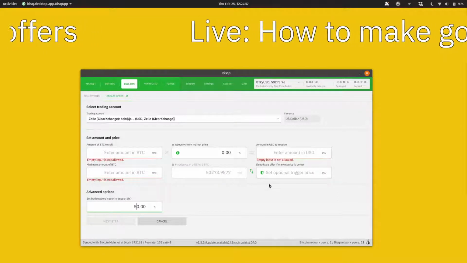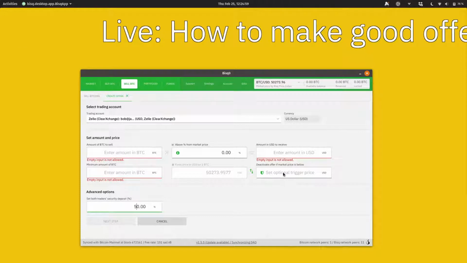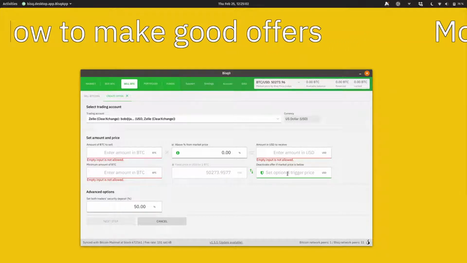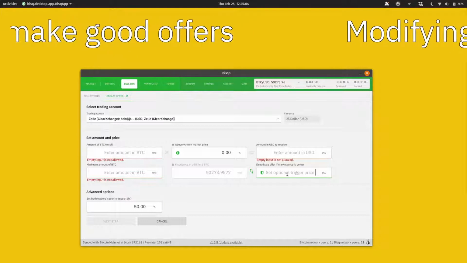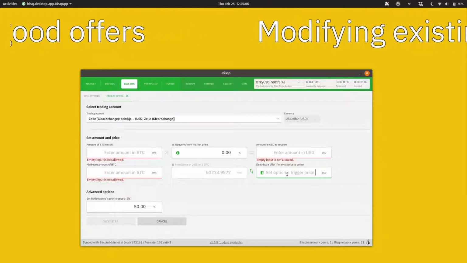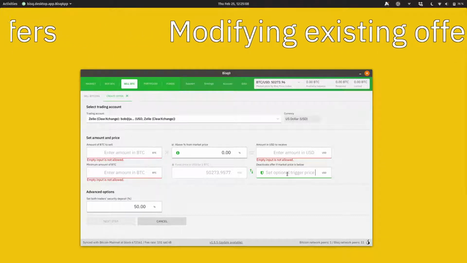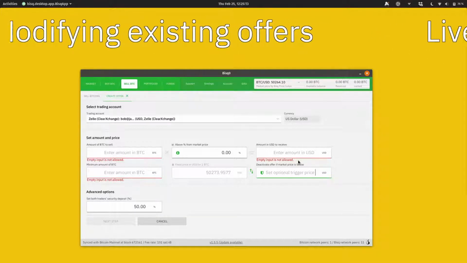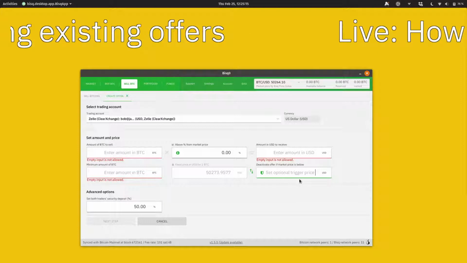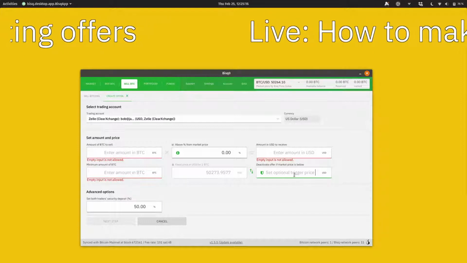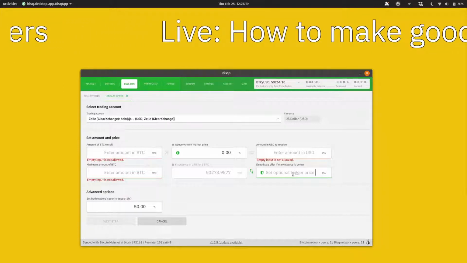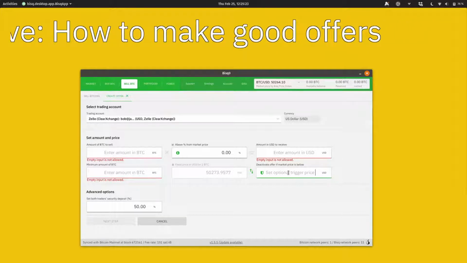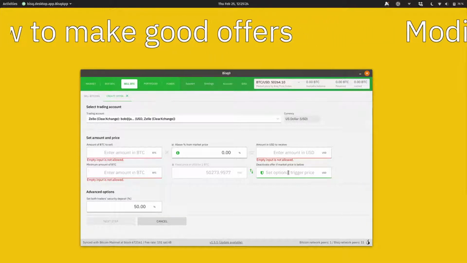The other thing I want to talk about here is the trigger price. This was just added in 1.55, I believe, and the reason the 1.56 hotfix had to be released was that there was a slight issue with the way this was implemented. As a seller, you can set a trigger price so that your offer is deactivated if the market price of Bitcoin goes below whatever you put here.